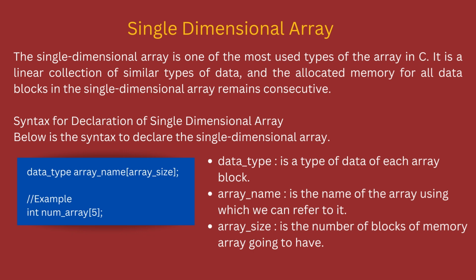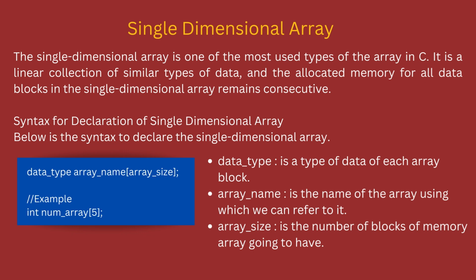So here is the syntax for how we declare an array. In the syntax there is a data type, which tells us which type of data each array block will hold. Then the name of the array, through which we can use this array.